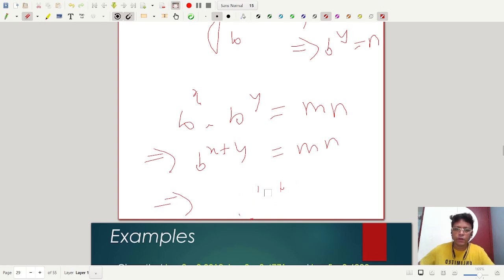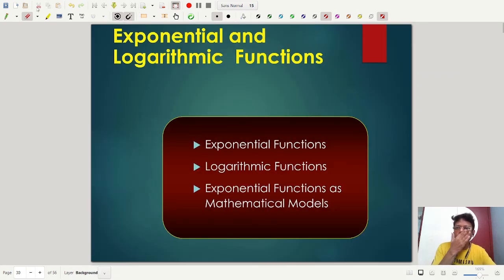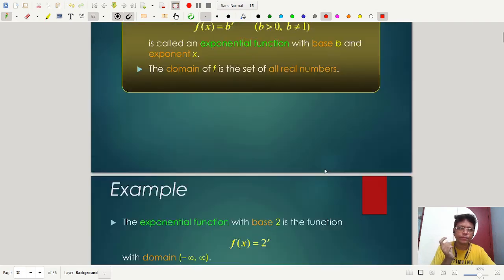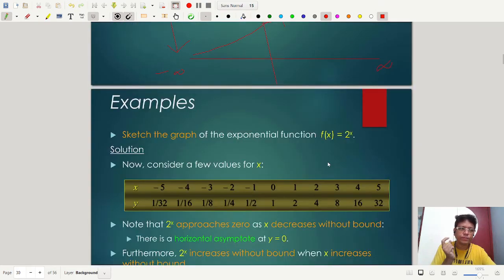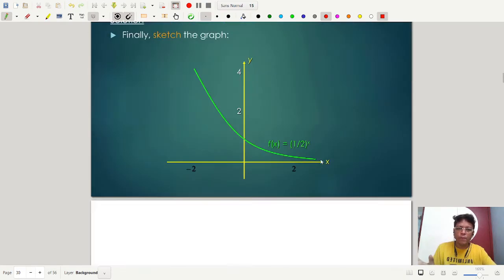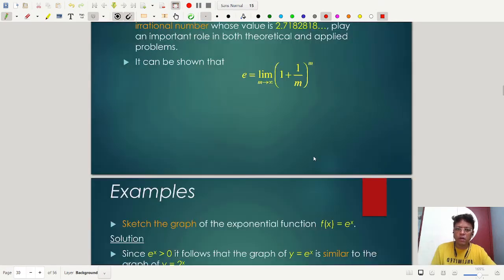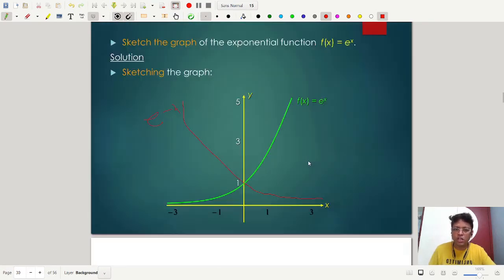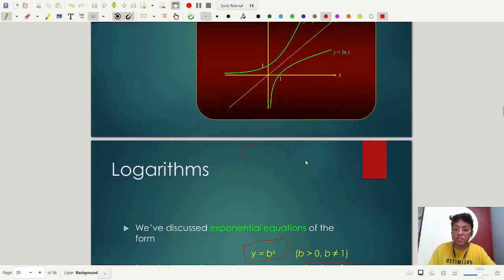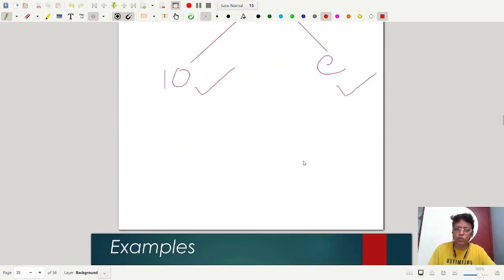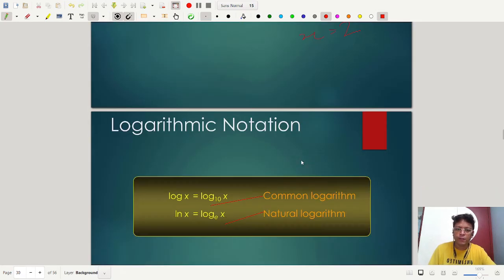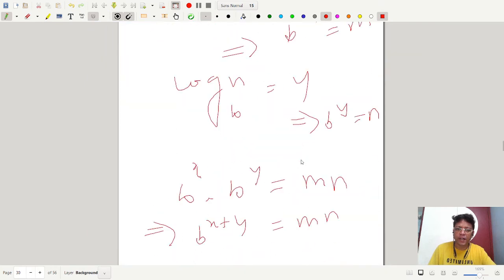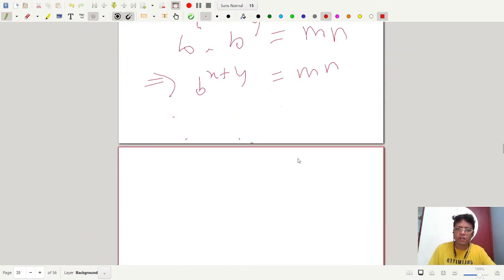Let me add a page. I'm proving these things so that you understand the logic, and it will be easier for you to apply them to problems. That is my target actually. So b to the power x plus y is mn.